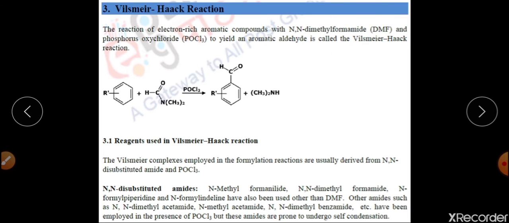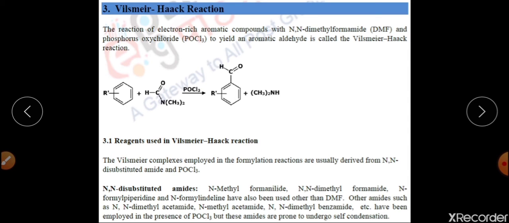And here we are using the DMF, that is N,N-dimethylformamide, in presence of POCl3, phosphorus oxychloride. So this is your activated benzene ring. When this reacts with this one, CHO group is being attached on the benzene ring.